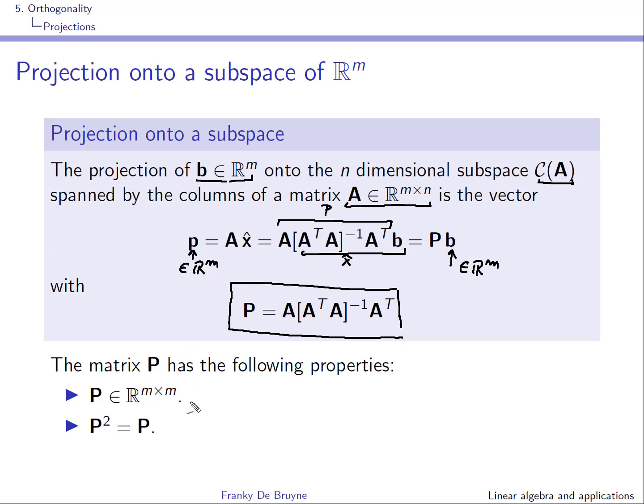So P must be a square matrix that is m by m. If you project B onto the column space, you obtain P, and if you reproject it again, you obtain again P. So we also have this property that P squared is equal to P.